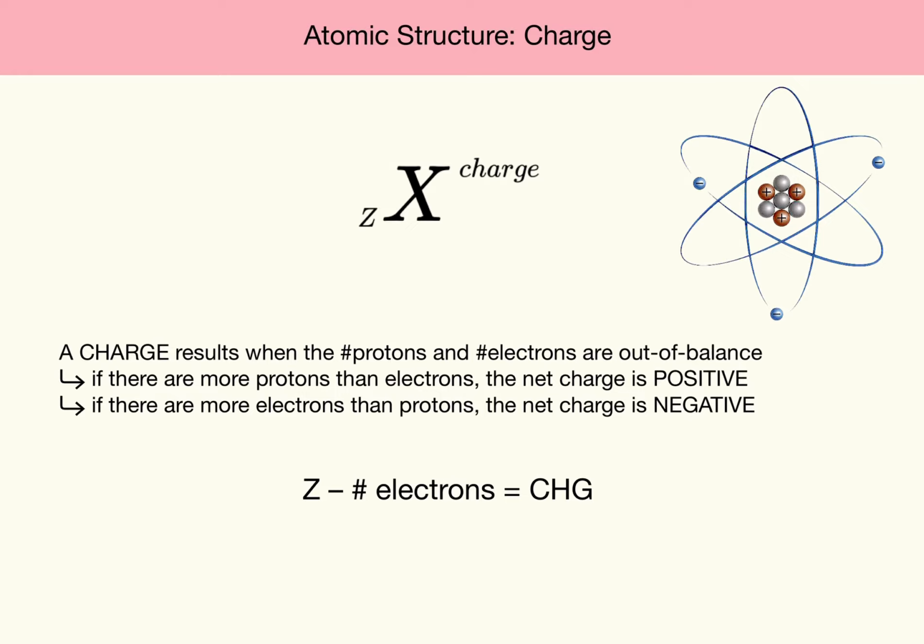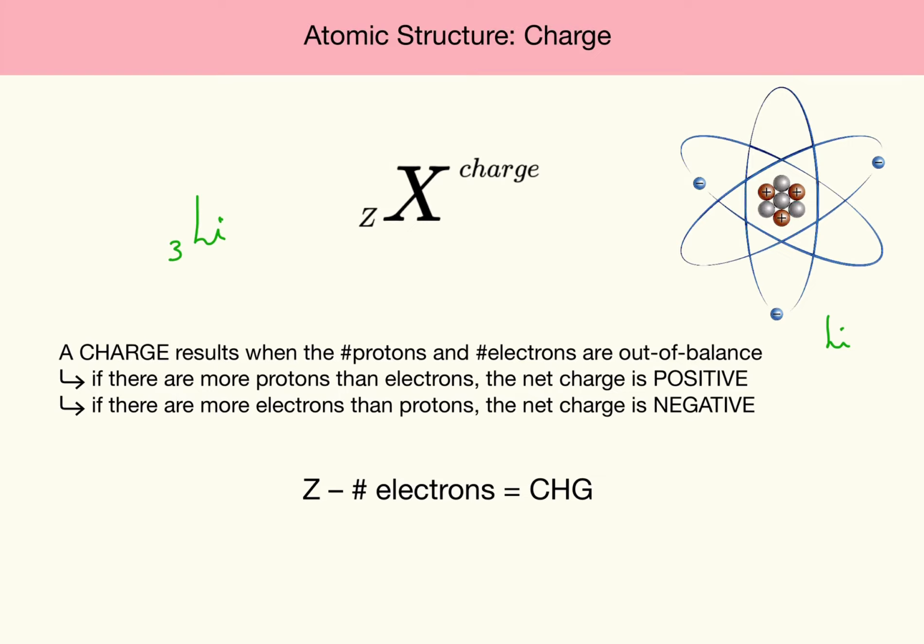So let's go back to our generic representation where X is any element and Z is called the atomic number, which represents the number of protons. Looking again at our lithium atom as an example, we can see that there are 3 protons in the nucleus, so that would be represented by lithium and a 3 there.